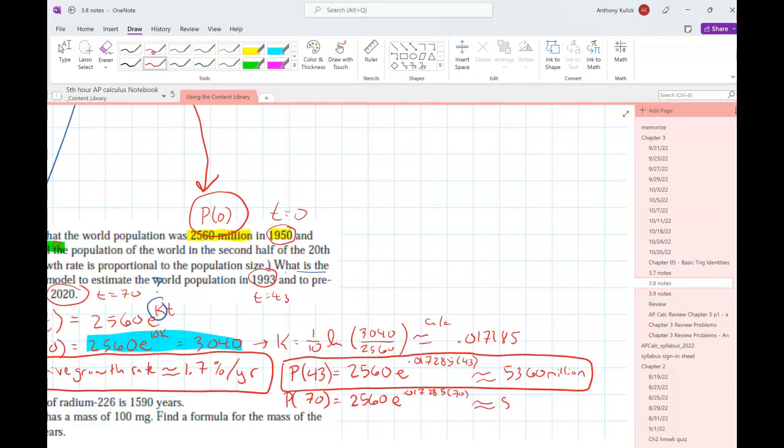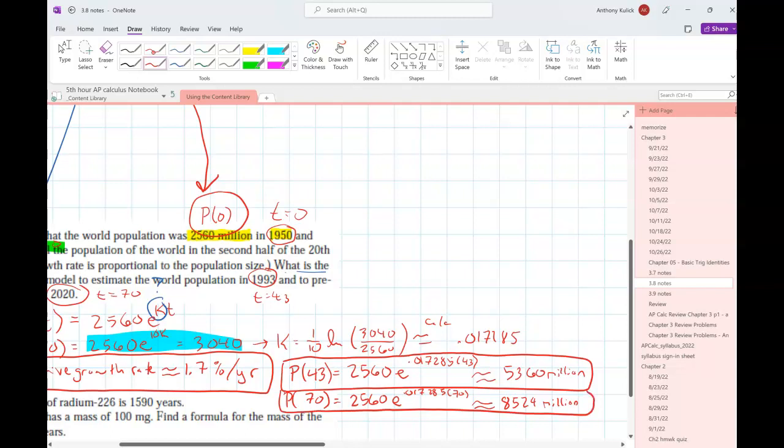When I type that into my calculator, Sophia?